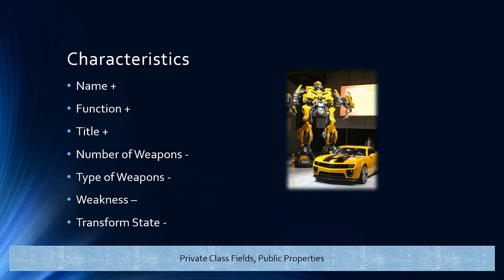Our class also has data or characteristics associated with it, like name and function and title, number of weapons, type of weapons, weakness, what kind of state the transformer is in. Notice that some of these data elements or characteristics or attributes have plus signs and some have minus.